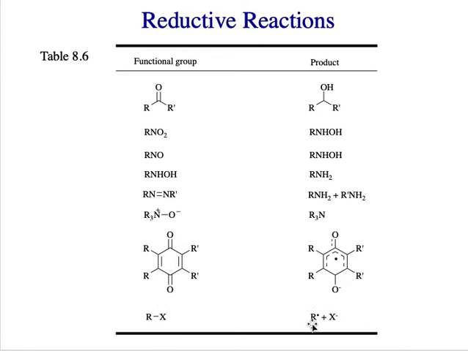Halogen bonds can be broken through a radical mechanism a lot of times, like we talked about, which was kind of intuitive. And quinones can be reduced through a one electron reduction type mechanism, or in this case, these can be 2 electron as well.